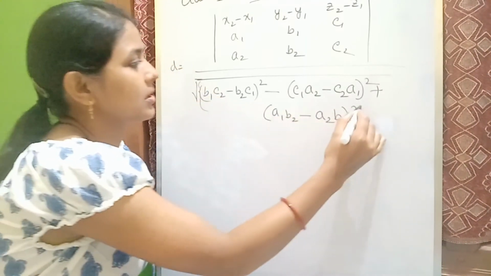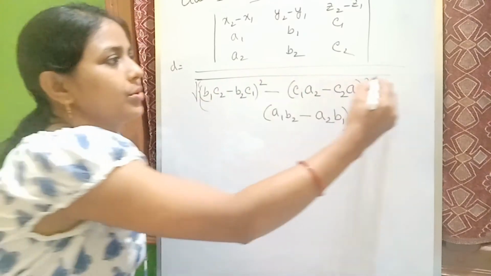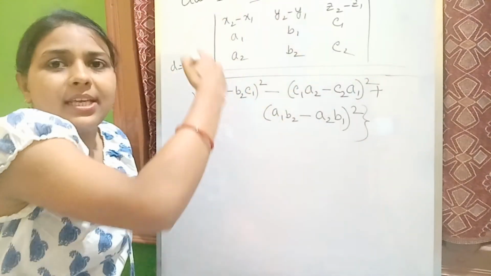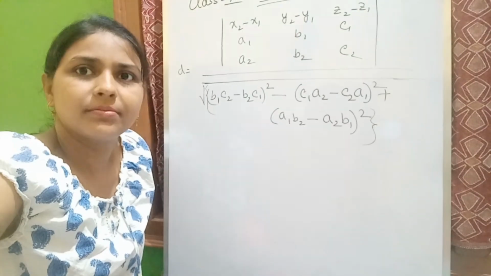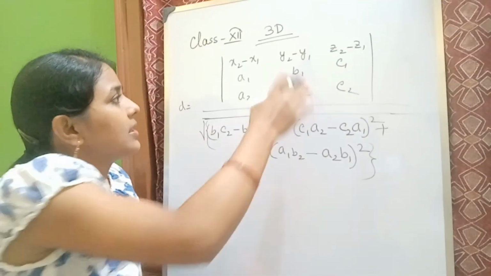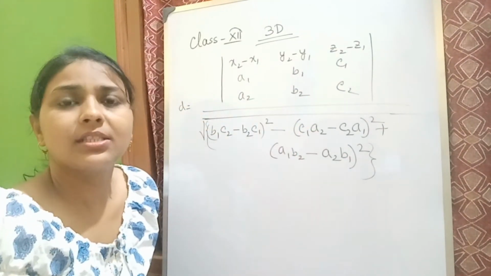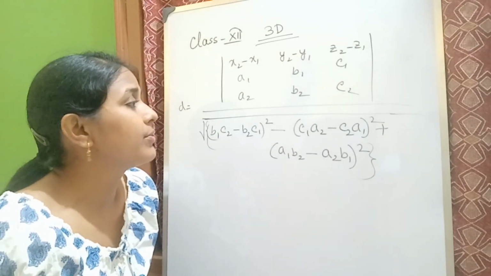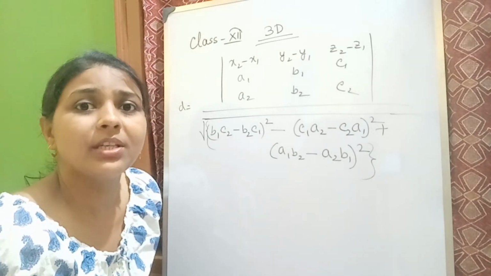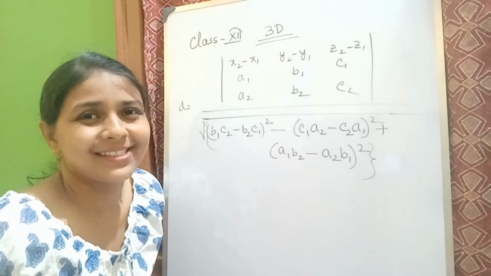The whole thing is under root. This whole is the Cartesian form of shortest distance between two skew lines.